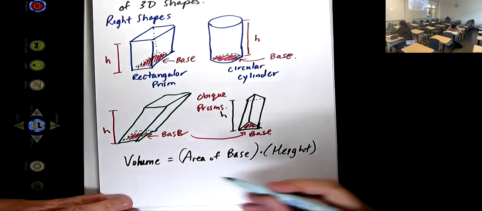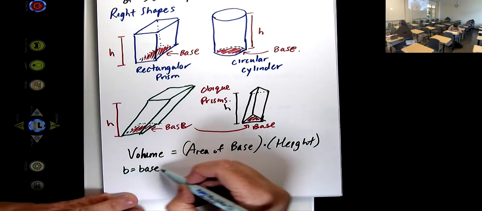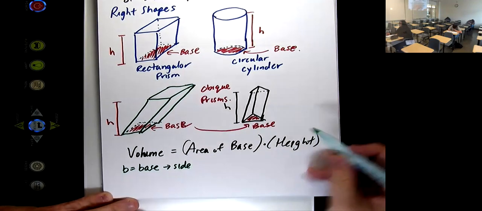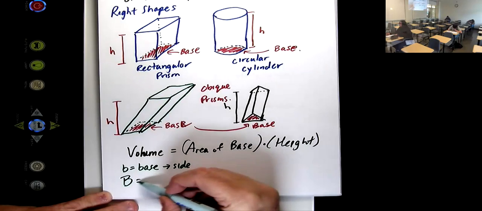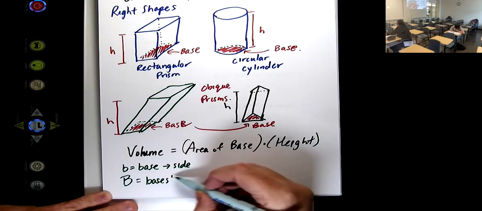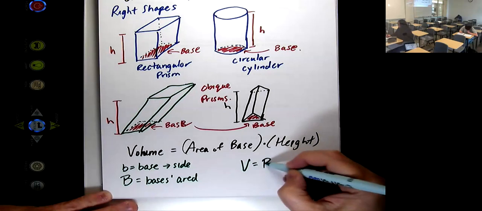So we tend to use a little b for base where it's a side. I'm going to use big B, capital B, when we're talking about the base's area. So V equals B times H.